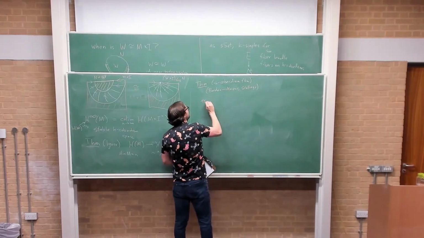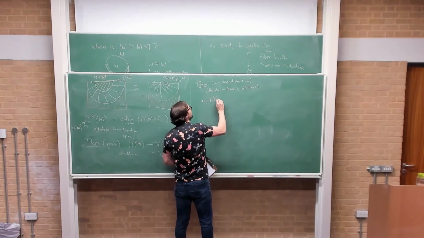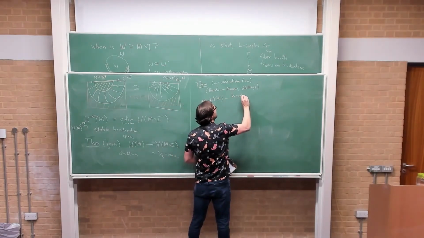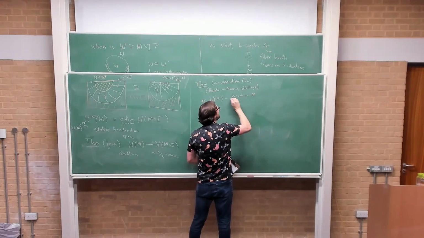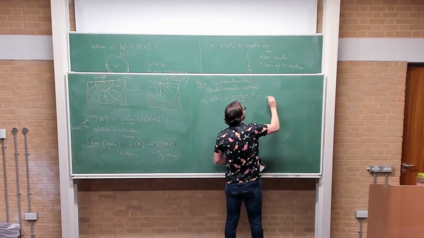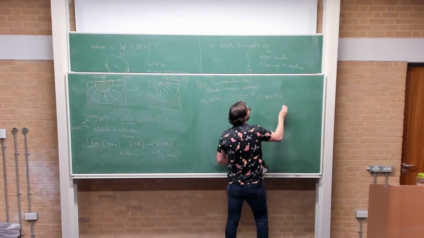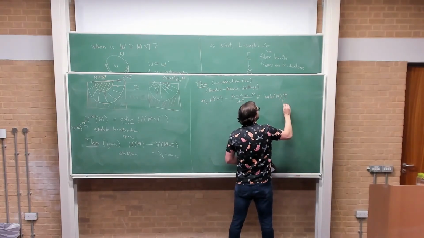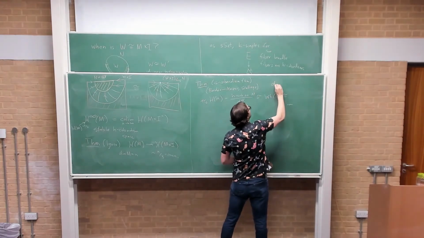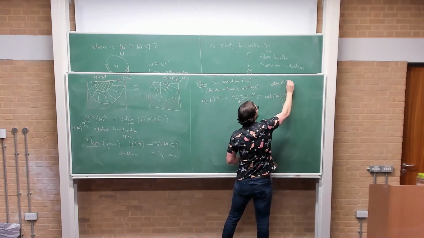It tells us that pi naught of this space, in other words, h-cobordisms with M as the base up to diffeomorphism, is isomorphic to the Whitehead group of M. And when M is connected, in this theorem, I need the dimension of my manifold to be at least 5.